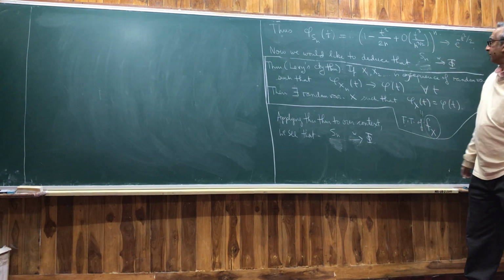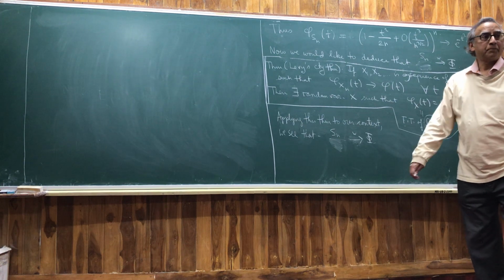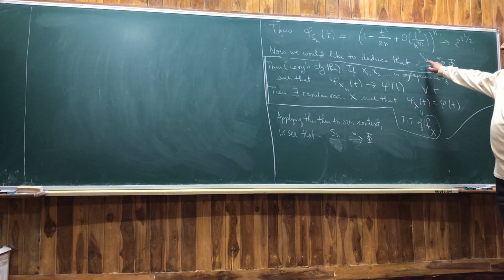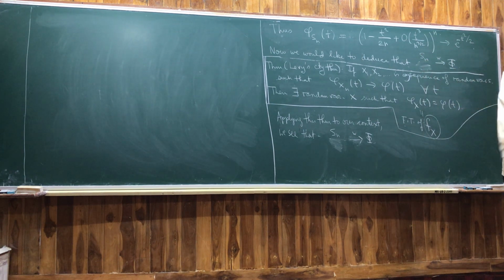Yes. So from the first step, Sn by root n, the characteristic function of Sn, phi of Sn, is the Fourier transform of the density function. So from there you can apply the inversion theorem to conclude that also. Yes, I can, but these are discrete now. I think you're mixing up yesterday's lecture.